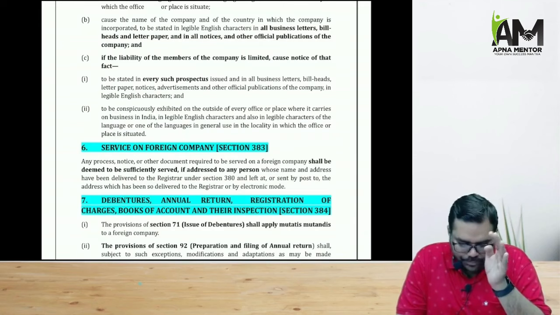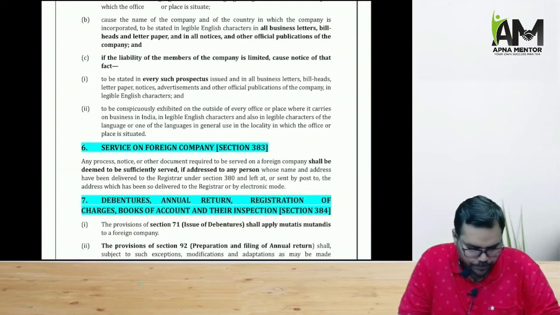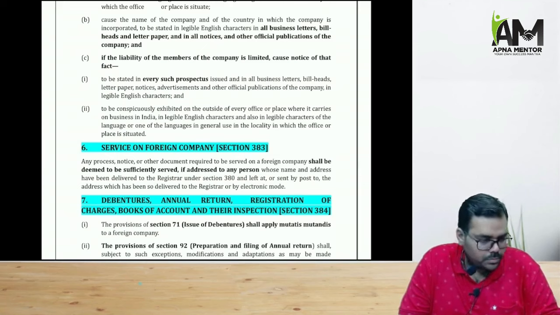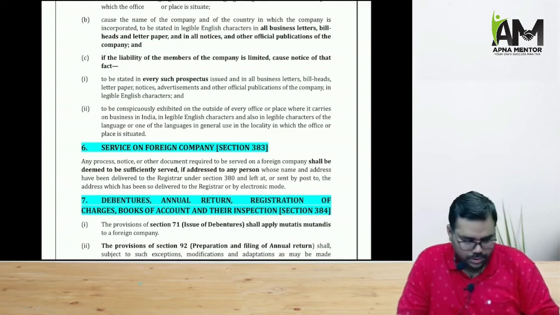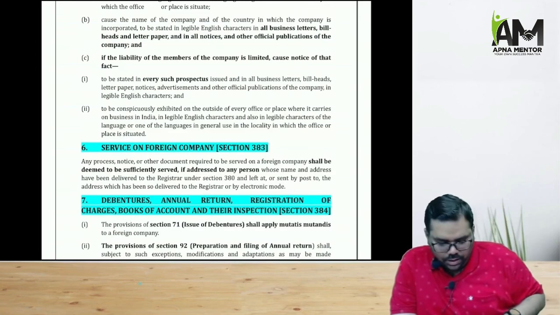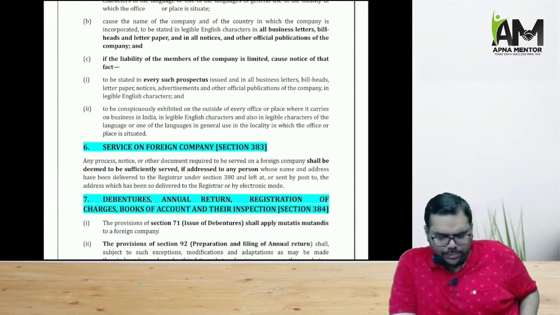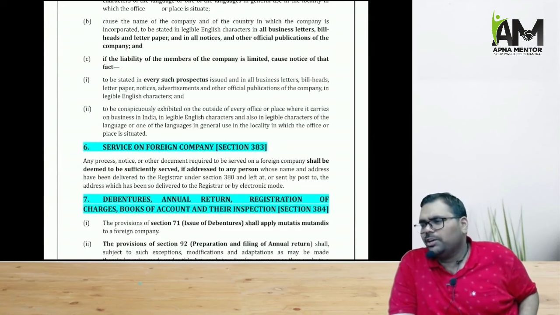Any process, notice, or other document. Any process means maybe the government has introduced some kind of process for foreign companies.